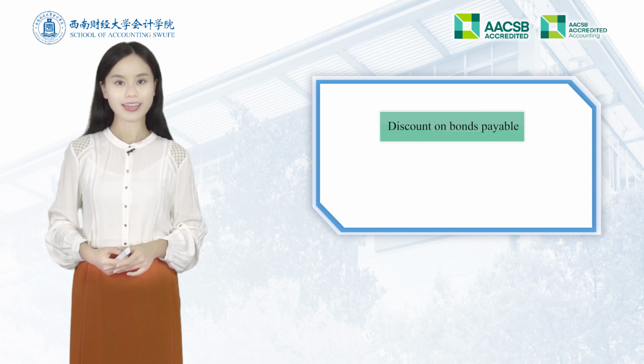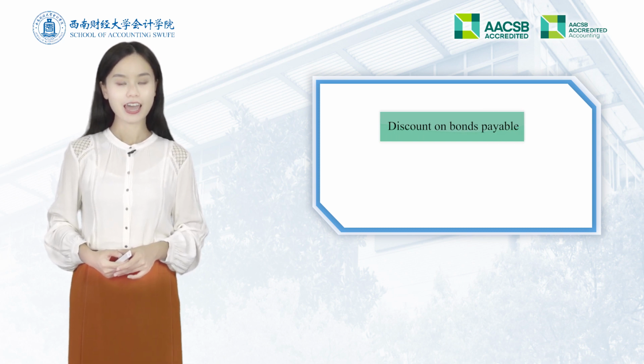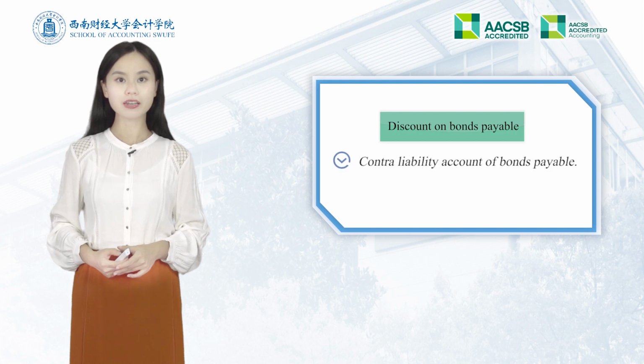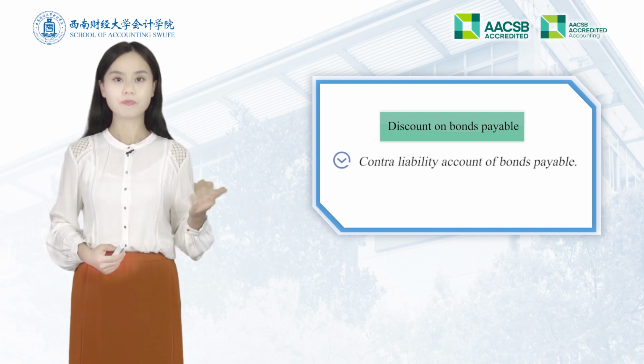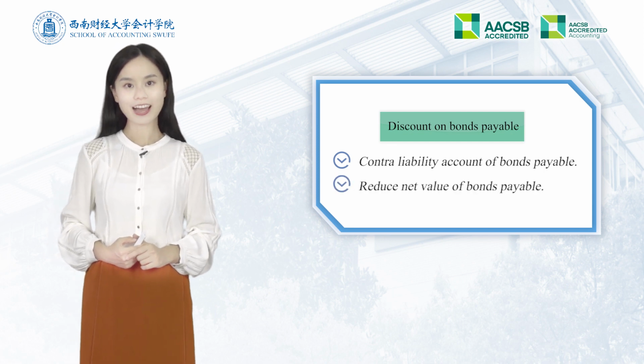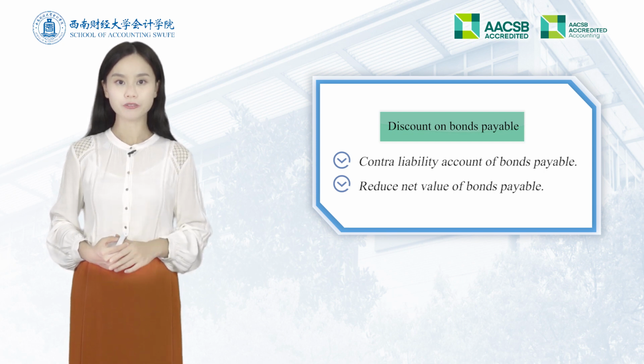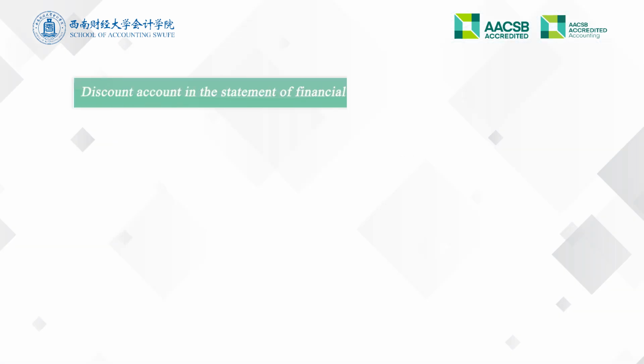The discount account is a contra liability account. It is the contra liability account of bonds payable. In other words, the discount account would reduce the net value or carrying value of bonds payable.